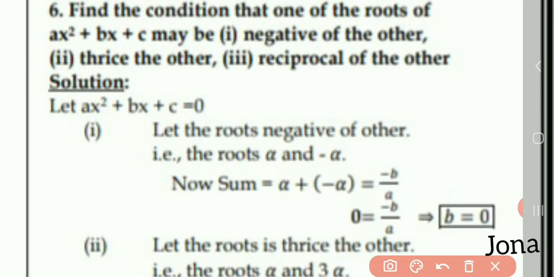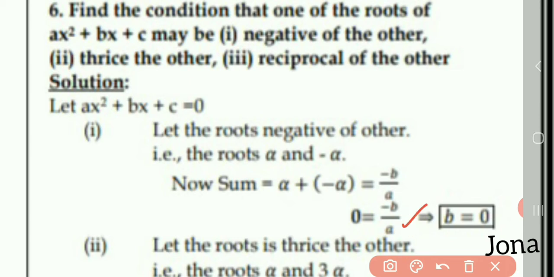First thing, we want to find the sum of the roots. That means alpha plus minus alpha equal to, for this equation sum of the roots is minus b by a. So alpha plus minus alpha is 0 here. So I got 0 equal to minus b by a.